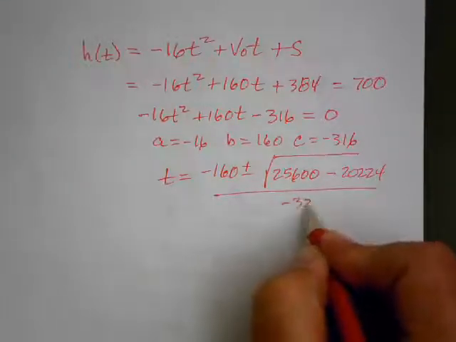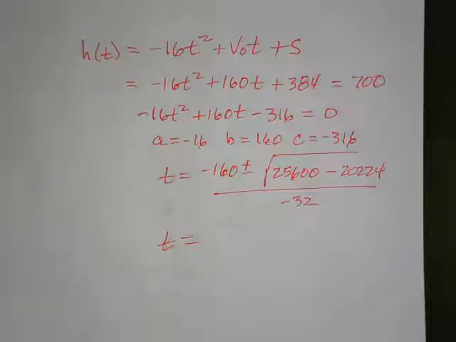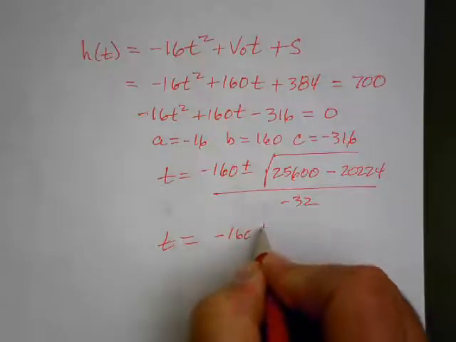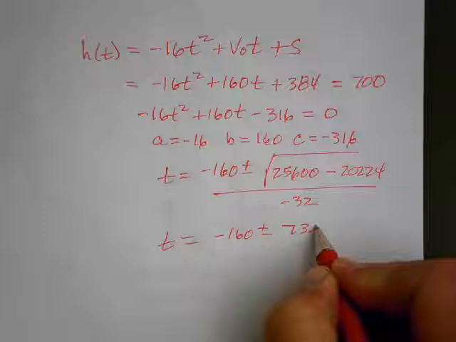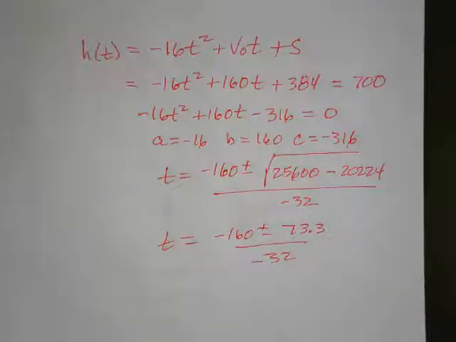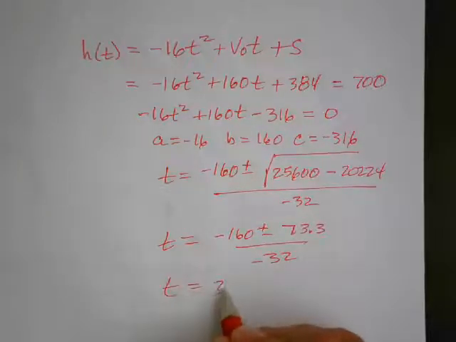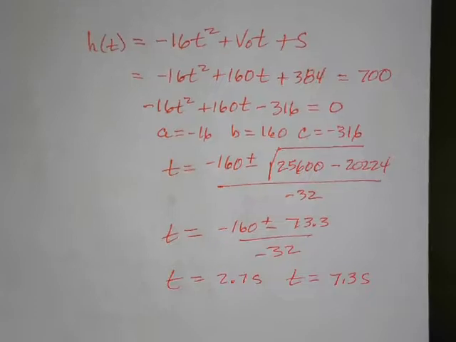Won't go through all the details, but basically we're going to end up with negative 160 plus or minus 73.3, all over negative 32. And so t will equal 2.7 seconds and t will equal 7.3 seconds. And if you like two times, well, think about projectile motion.